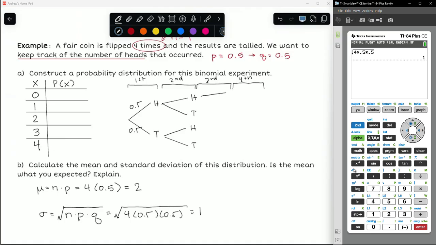For my next split, I could get heads or tails for each of those. And then my last split is going to do the same, and I'm going to make these a little bit tiny here.